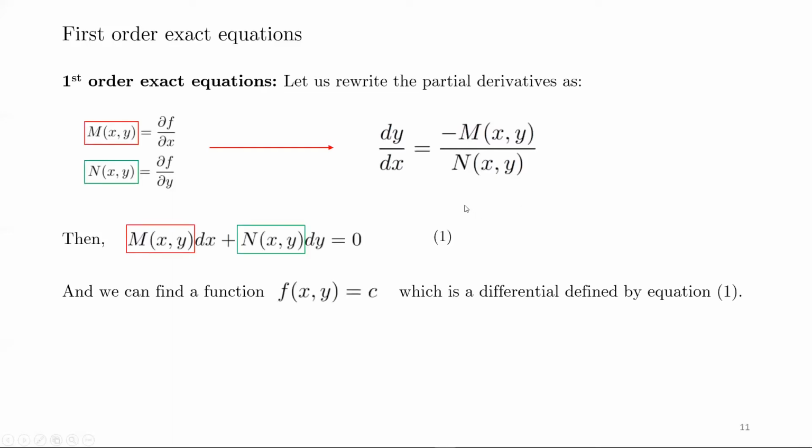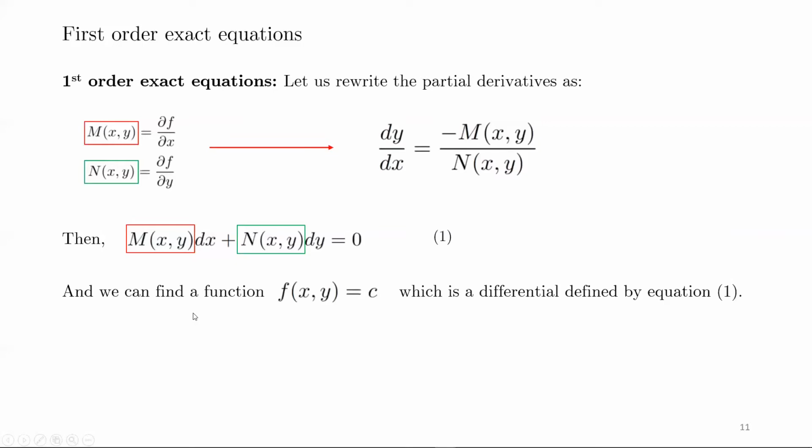And so I can rearrange that equation. I can multiply both sides by N, multiply both sides by dx, and then take whatever's left on the right hand side over to the left hand side, and I can express this first order differential equation in this form: M times dx plus N times dy equals 0.